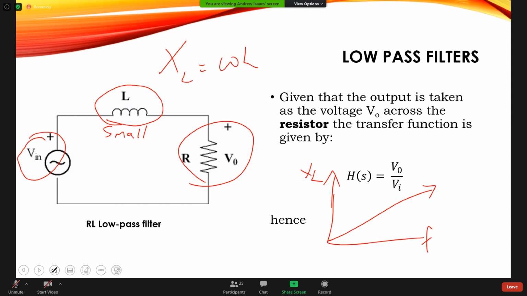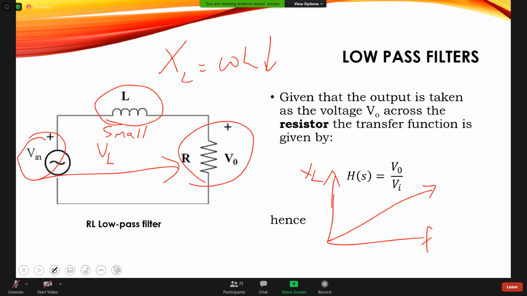So at lower frequencies, XL is low. Because XL is low, the voltage drop, VL, would also be low, which means that, if we just look at voltage divider, a larger portion of the input will be seen across R.